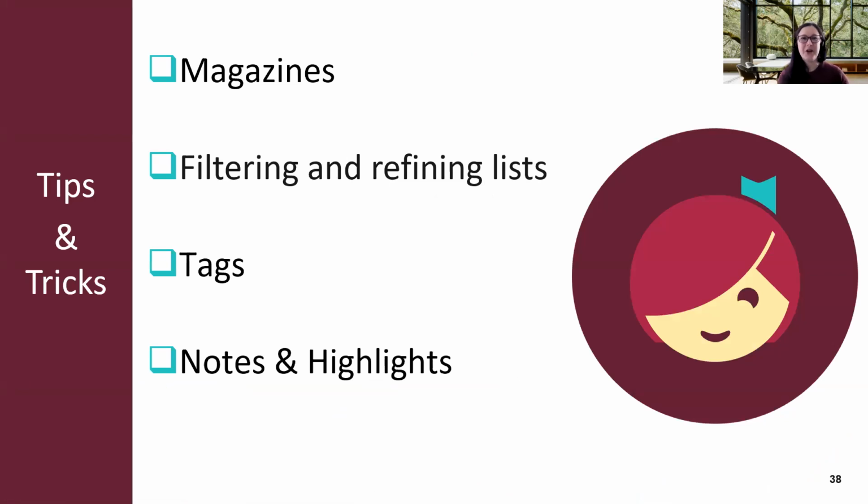So we're going to be covering a few of our favorite tips and tricks from within the Libby app today, including talking about magazines. We're going to look at our favorite ways to navigate the new magazine feature in Libby. Then we're going to show you how we find the books that we like as quickly as possible by filtering and refining our lists.